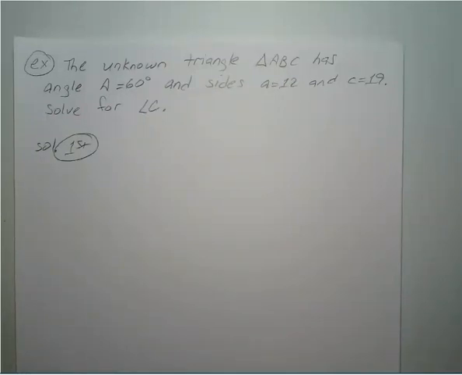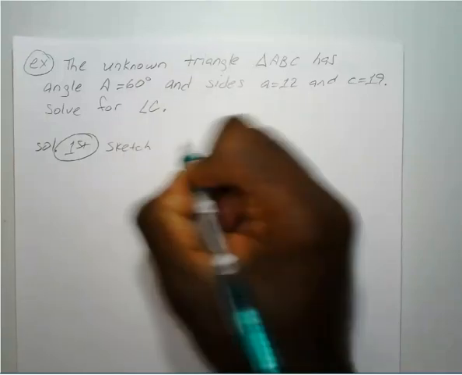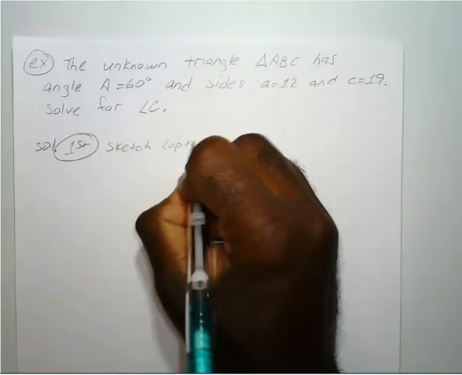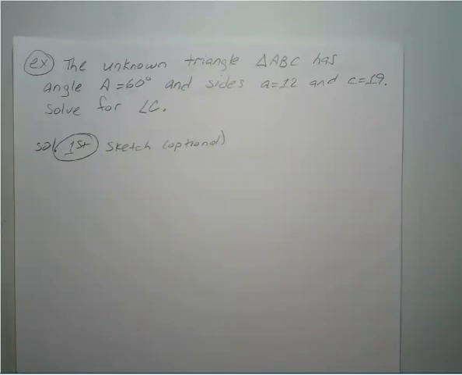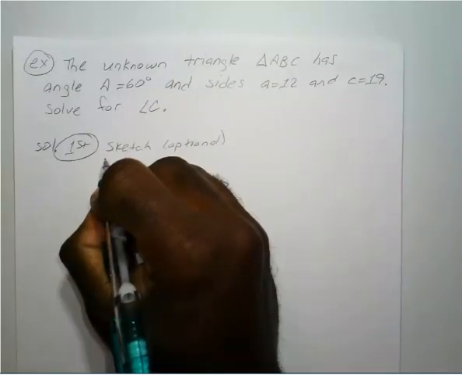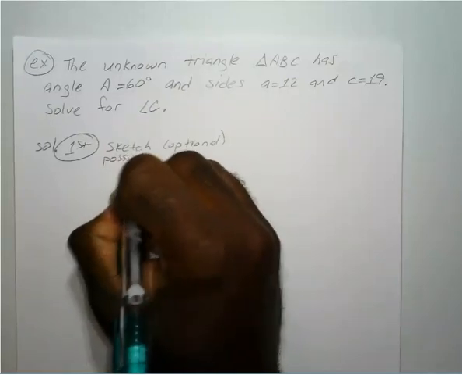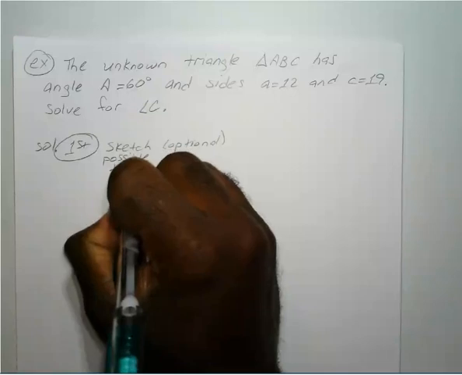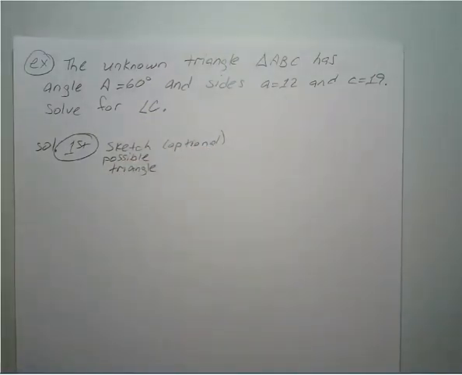And again, this is optional. To me, it just helps visualize it. You're just sketching the possible triangle. Remember, you have no idea what the triangle looks like, so you're sketching what it possibly could look like.